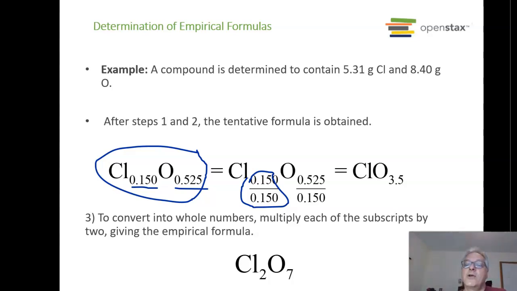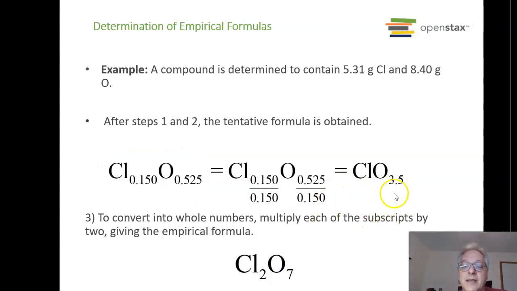Well, no. Sometimes you're going to get something like a 3.5, or maybe a 3.25, or a 2.25. Well, then what you have to do is clear the fraction away. Because remember, 3.5 is 3.5. So 1 to 3.5 is, in whole numbers, 2 to 7. Okay? So if you see something like a 3.5, you'd have to multiply through.